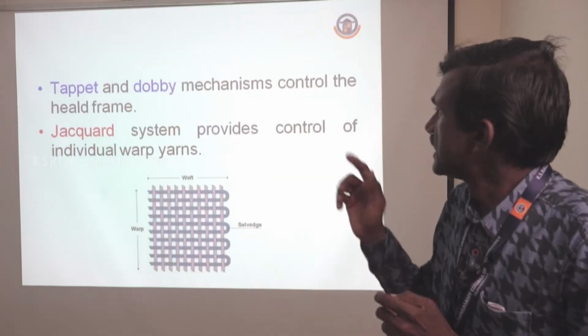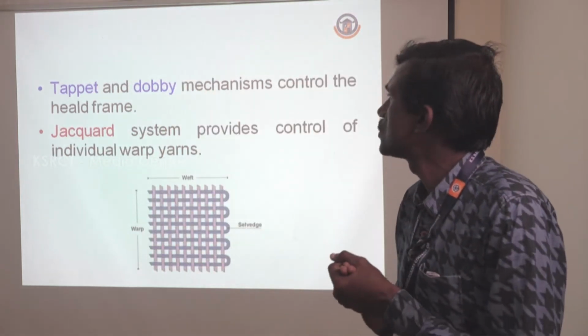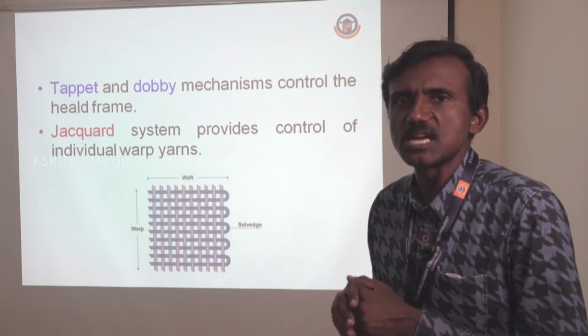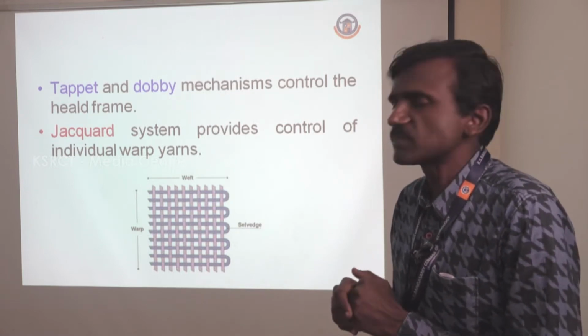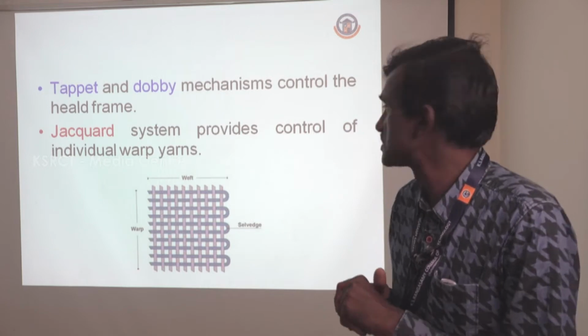The tappet and dobby shedding mechanisms control the heald frames. The heald frame is called the heald shaft, and the individual warp threads are controlled with the help of jacquard mechanisms.